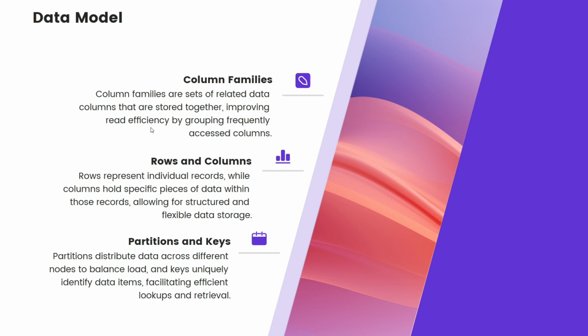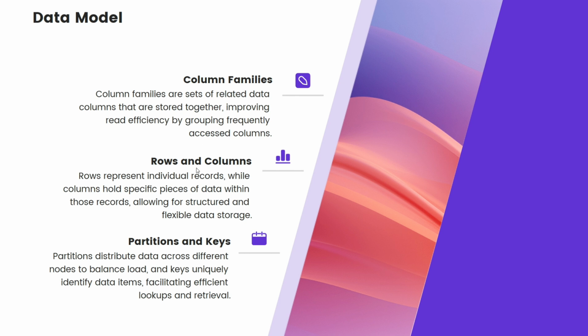We separate the columns based on their group. If four columns are related to one thing, they are grouped separately, and four or five columns related to another thing are grouped separately. That's how we access it.